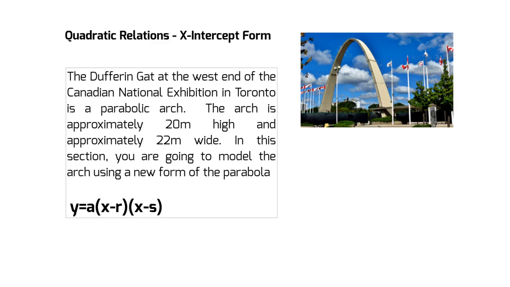So what we're going to be studying is this thing called the quadratic relations in intercept form. This is the object that we're going to look at, and this object is near the CNE grounds. It's actually near Lakeshore, and it's an actual arch that they made for the Canadian National Exhibition in downtown Toronto.